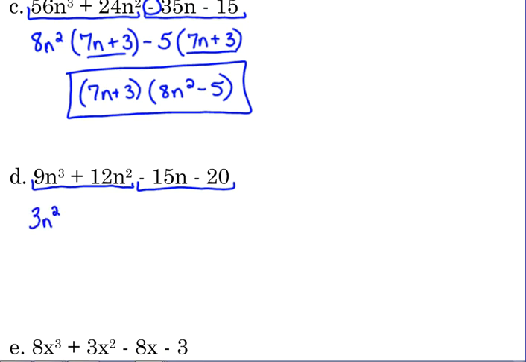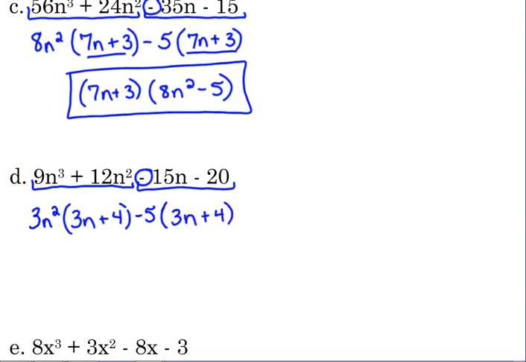3n squared. Excuse me. GCF for the first two. So we've got 3n plus 4. Second pair, -5. We had that negative in front of the 15 again, so we've got to pull out the negative.